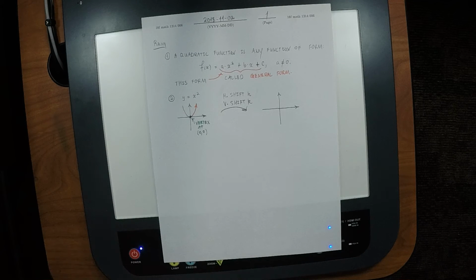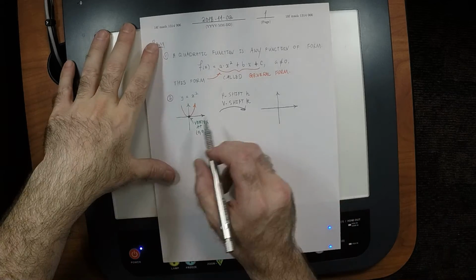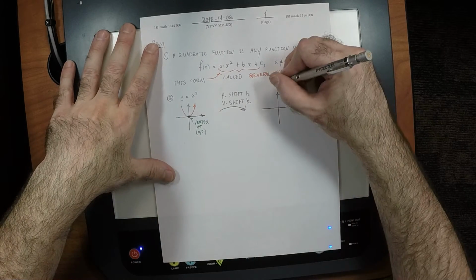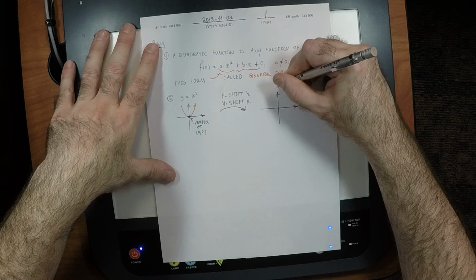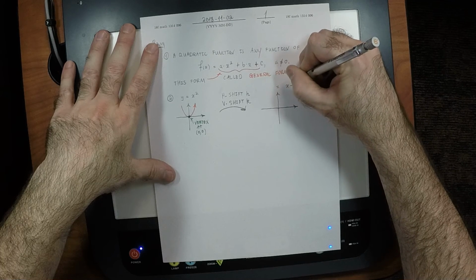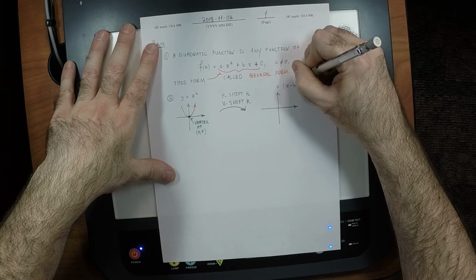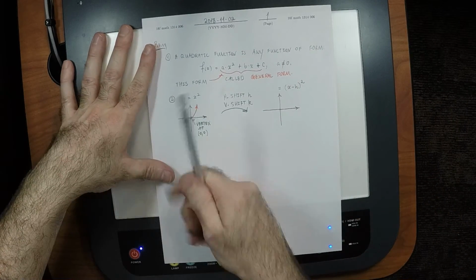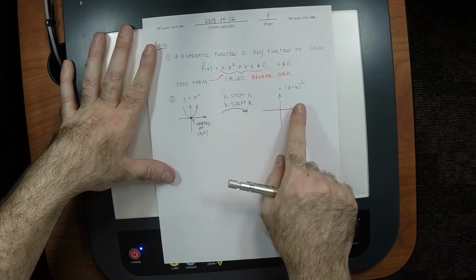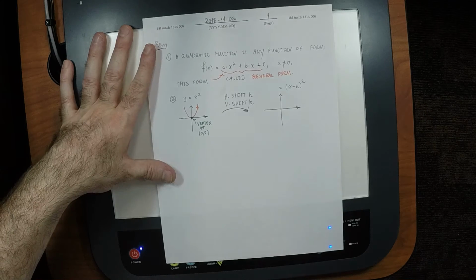So if we wanted to go to the right 3, then x would become x minus 3. And if we wanted to go to the left 8, then x would become x plus 8. So generally speaking, because we're going to the right by h, that means x is going to become x minus h. And just like where we began, we were squaring x, now we're squaring x minus h.